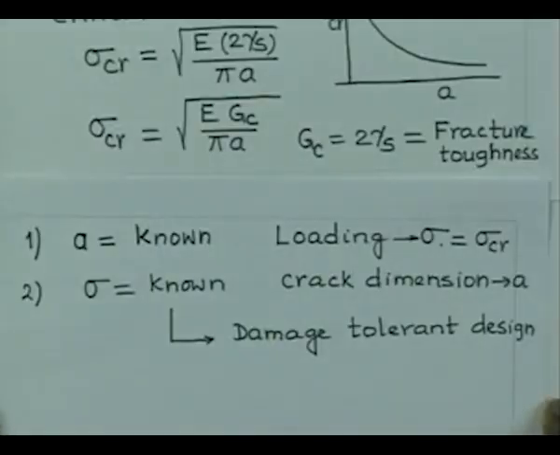So, that is why all the airborne structures are examined for damage tolerant design. By considering the particular damage in the critical component and taking the loading in the component, one tries to ensure whether the failure is going to take place or not by considering this relationship of the type given by Griffith.